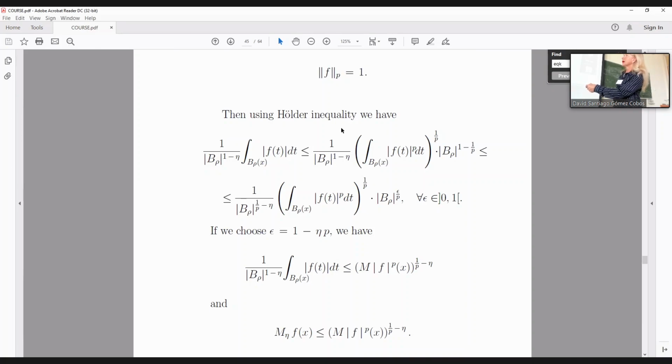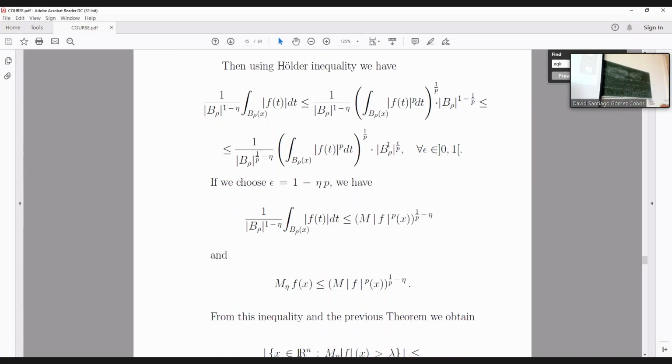So what we have obtained, considering the supremum, is that m eta f is less or equal m, with m applied to f^p with the same exponent.